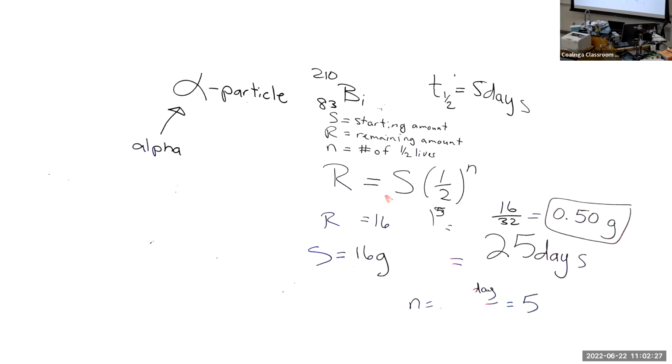And you have this many cycles that happen over this many days, then you can calculate the half-life, right? Because you know that it's going to be your time that you're given divided by your half-life. Right? So n equals given time divided by half-life. Okay.